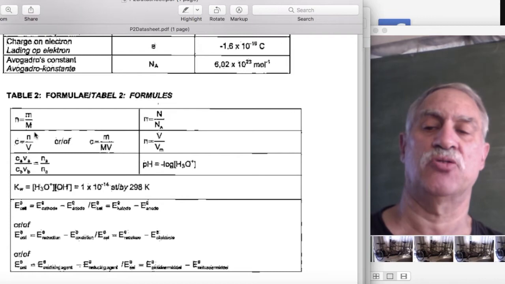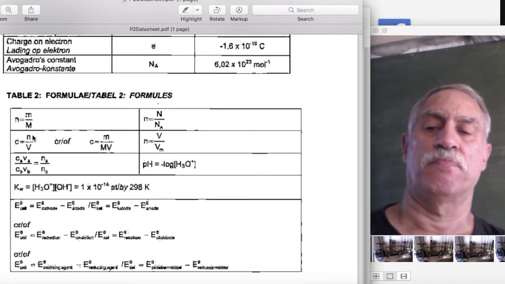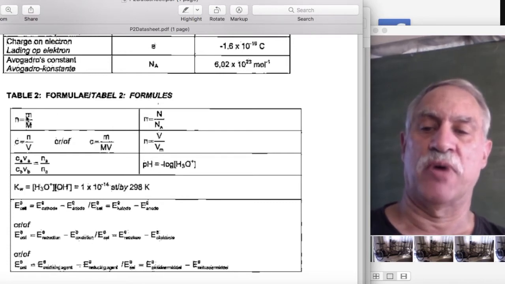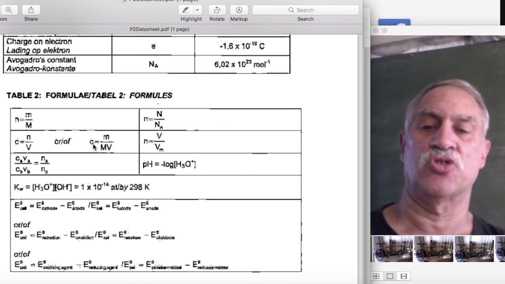There's the amount of your solute, there's your solvent amount, and then you get the concentration. But another way, if we combine those two formulas, is concentration is mass over molar mass, that's number of moles, mass over molar mass, divided by volume.